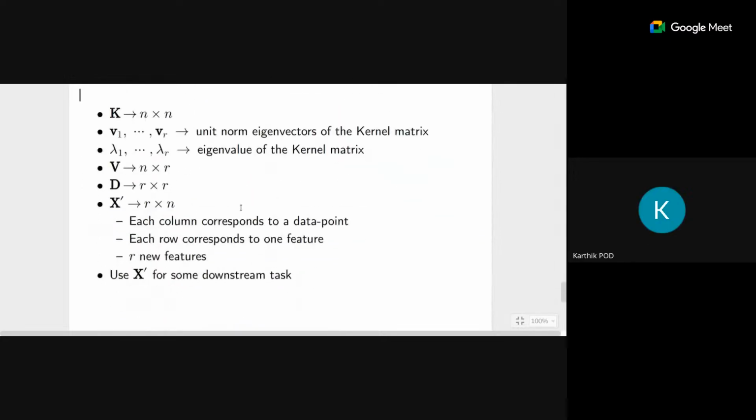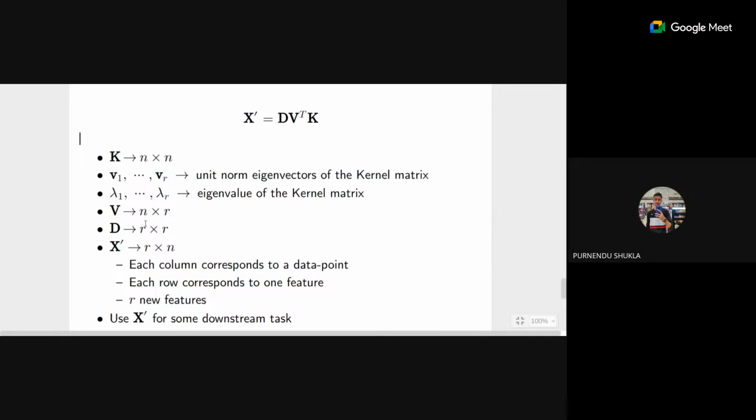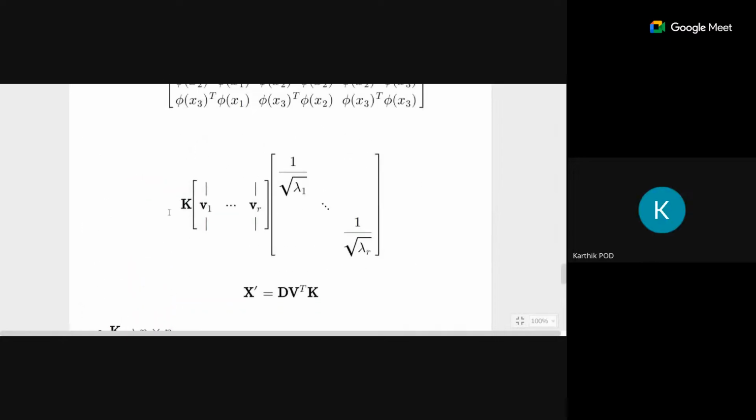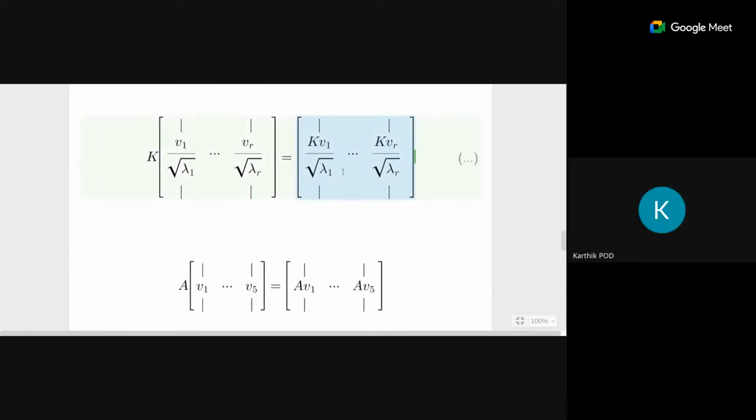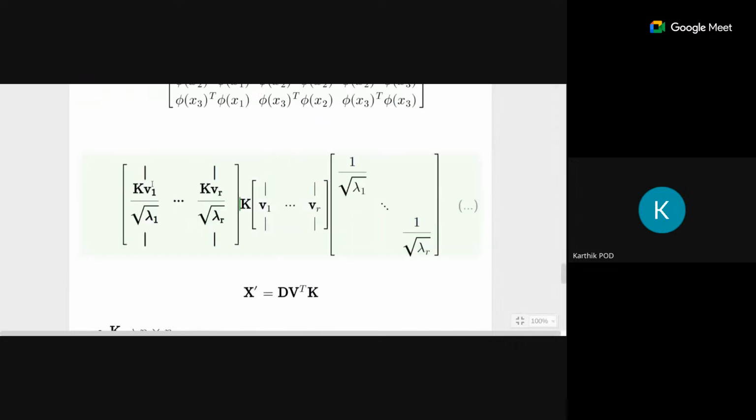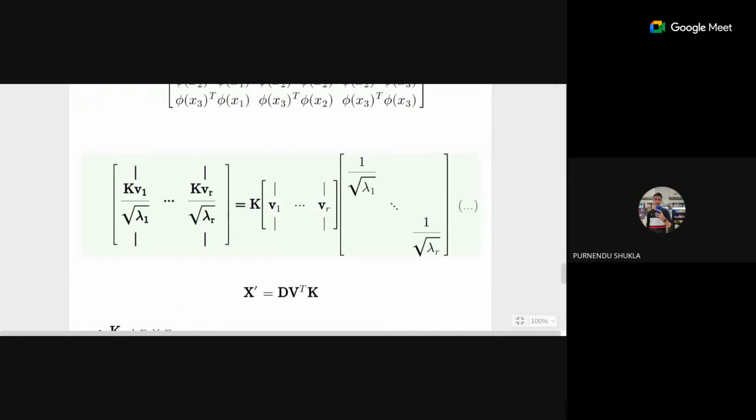Is it because we are transposing V? Yes, we are transposing the whole thing. See, what we have done is we have expressed this product as this. We have decomposed this, K v1 by root lambda 1, into the product of three matrices: K, the V's and the diagonal.